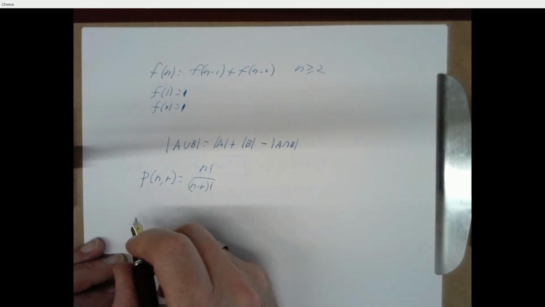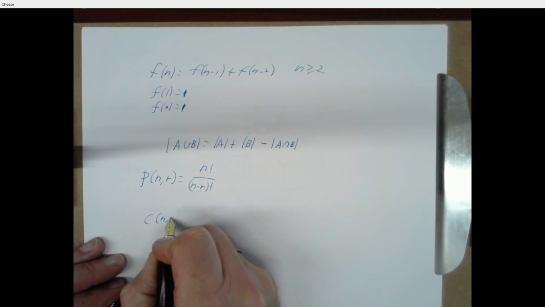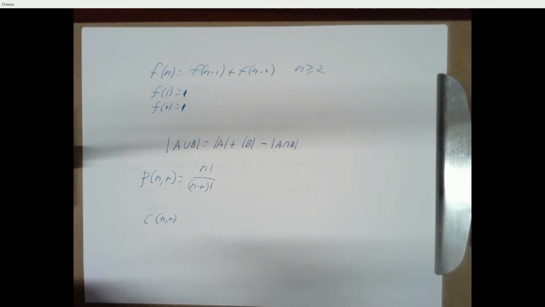But if you don't care about the order, right, product rule, when we break it into these tasks, we're implying an order. How many ways can we pick the first student? How many ways can we pick the second student? How many ways can we pick the third student? And that's making it clear that choosing student ABC is different from choosing student BCA.